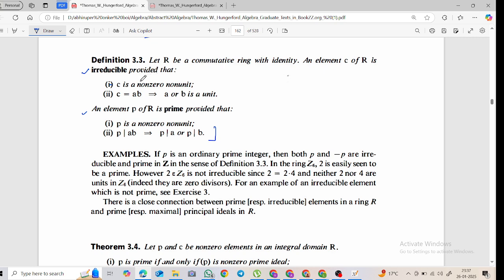So C is irreducible if C has no proper divisor. That is, if divisors of C are only associates of C. So the only things that divide C are units or its associates. Then C is called irreducible. And an element P is called prime if P divides AB, then P divides A or P divides B.